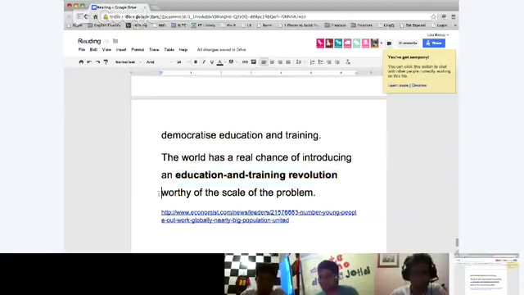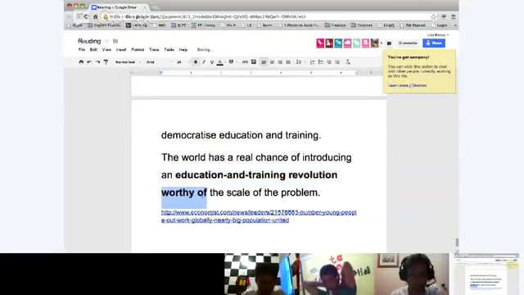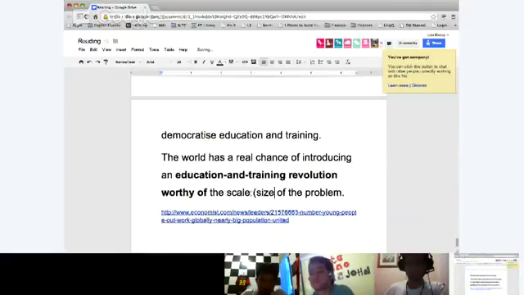Worthy of means... how can I explain it to you? An education worthy of the scale. So it means that the problem, the scale, or the size, is very big, and so doing more education and on-the-job training is a good idea to solve this big, huge problem that the world has.